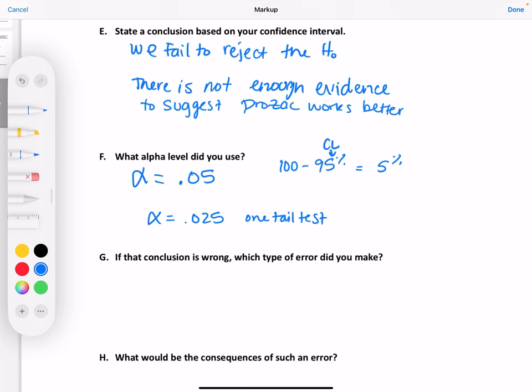So then, if that conclusion is wrong, which type of error did you make? Was it a type 1 or a type 2? Which one's the false negative?